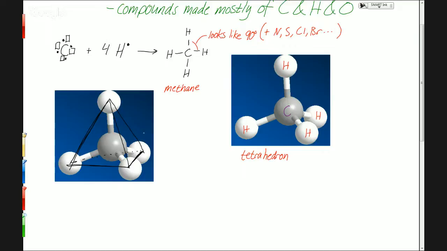The bond angles then in that geometry, so that bond angle is about 109 degrees, 110 degrees. So bigger than 90, and that's why this molecule takes that shape. And in fact, anytime we have a carbon in a structure that has 4 things attached to it like that, it's going to take on this shape.